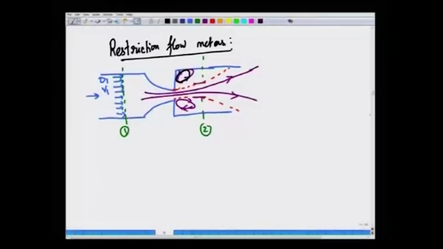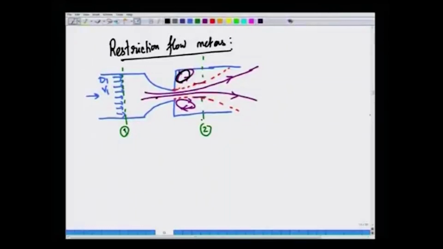So, the fluid just flows through this minimum area, whereas this area is not available for flow because of recirculation. That leads to losses. Now, we do not have any idea about what these losses are a priori, because this is such a complex flow process that we do not know exactly how the losses are related to the average velocity V1 that is flowing into the tube. So, that information is not available to us.